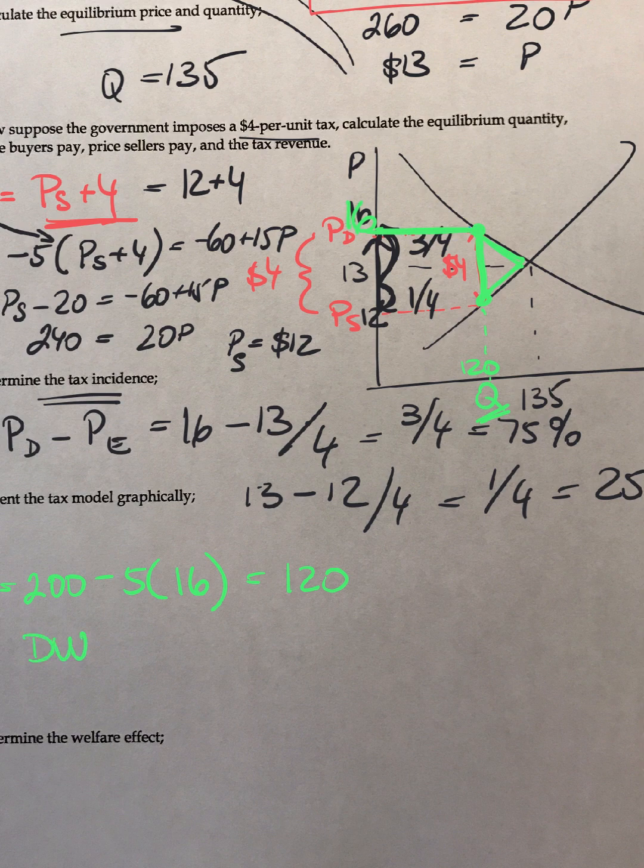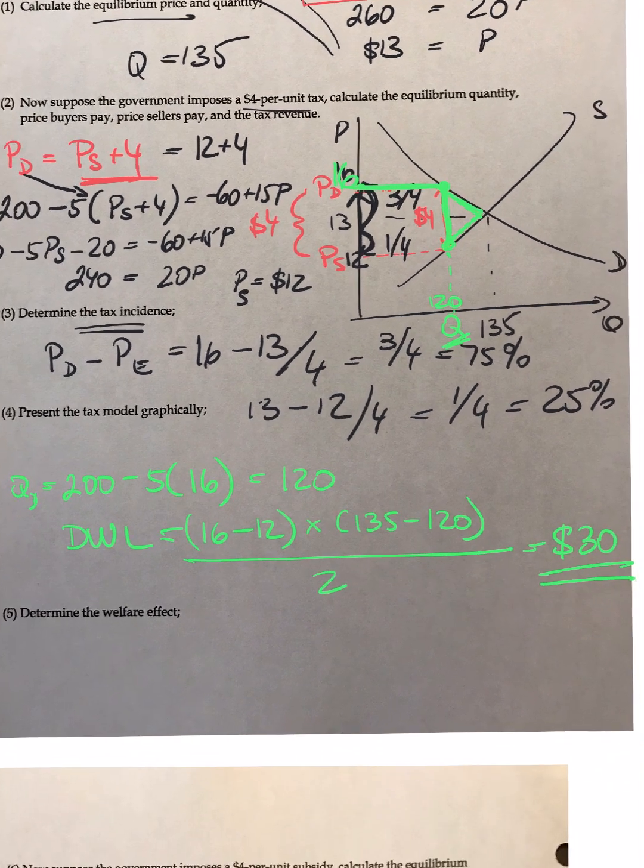So for me, deadweight loss here would be 16 minus 12, which is the height, times the difference between 135, the old quantity, and the new quantity. That's the base, divided by 2. That's 4 times 15, that's 60, in half, $30 worth of deadweight loss in this market.